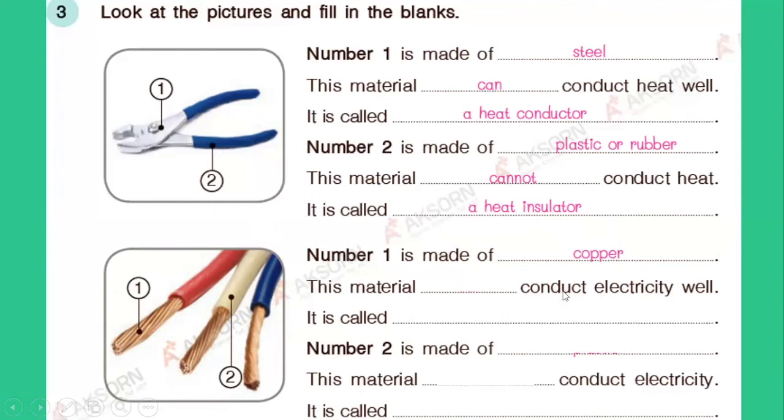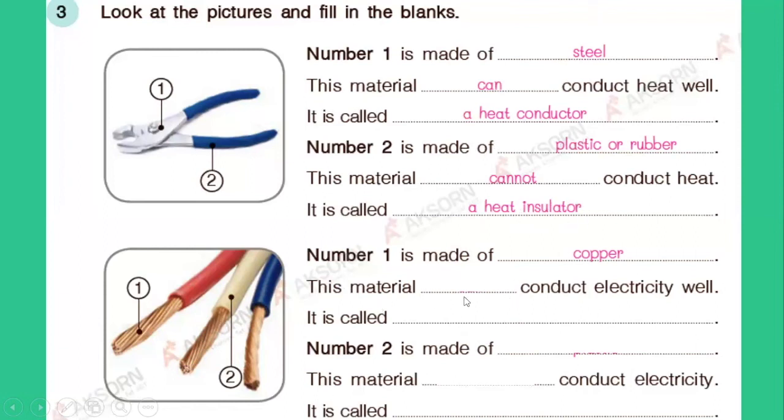Can or cannot conduct electricity well? Number one, copper, it's a metal. What do you think? Can it conduct electricity or not? Choose one, can or cannot, and write it down here. If it can conduct, it means electrical conductor. If it cannot conduct electricity, it means electrical insulator.